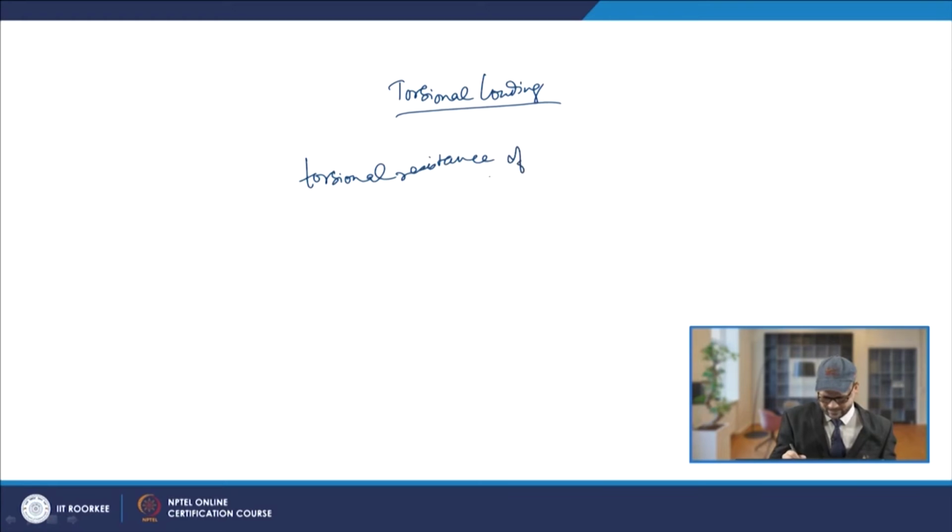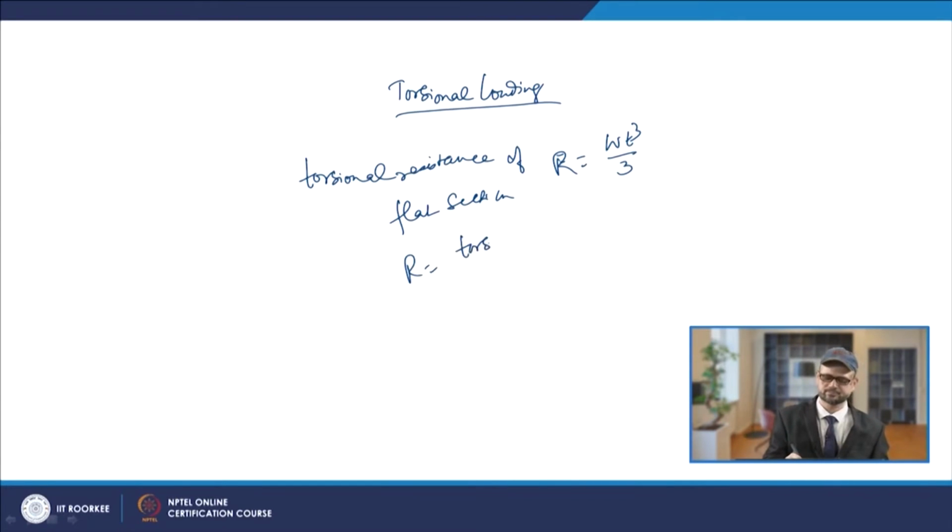For a flat section, it is found by the formula R equals W T cube by 3. R is the torsional resistance, W is the width of the flat section, and T is the thickness of the flat section.